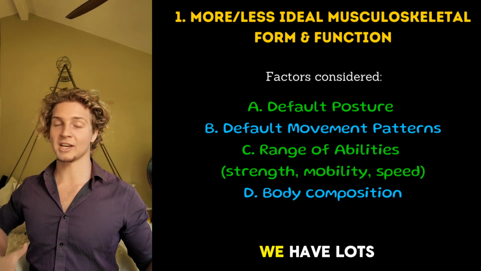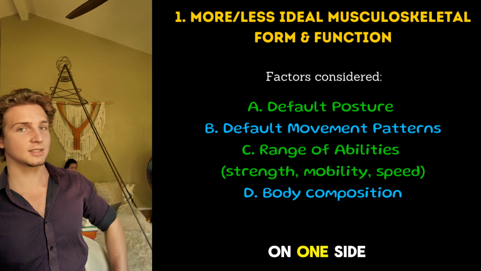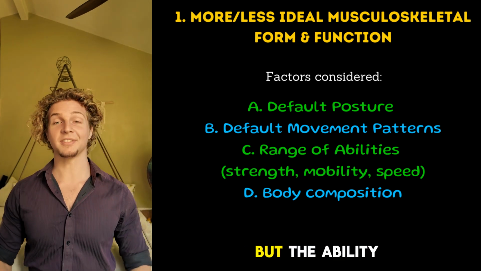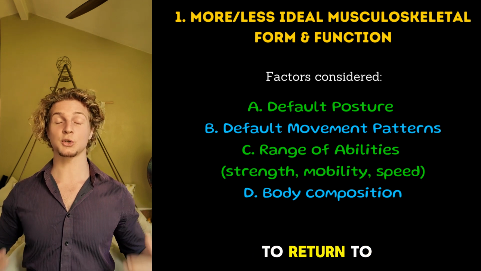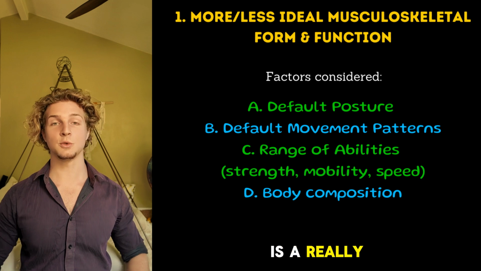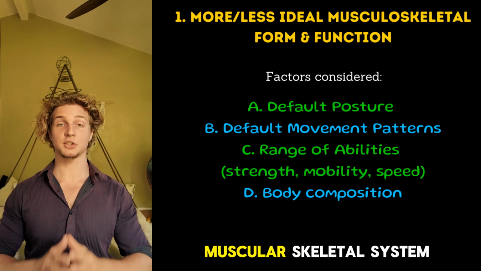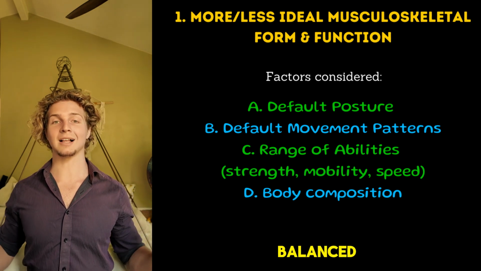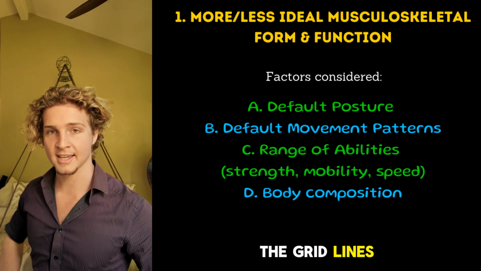Throughout the day, we have lots of different movements. We might be on one side. We might be asymmetrical a lot of the day, especially in our sports and whatnot. But the ability for your body to return to neutral without external cues is a really huge thing. That is your musculoskeletal system knowing what is short, what is long, and what is balanced. And so we're going to look at the grid lines there.